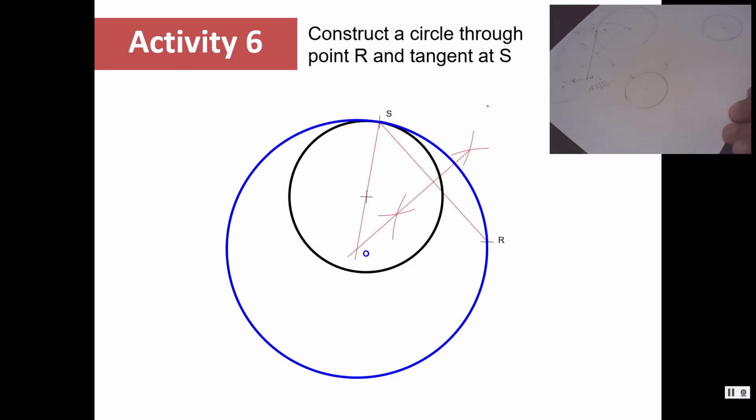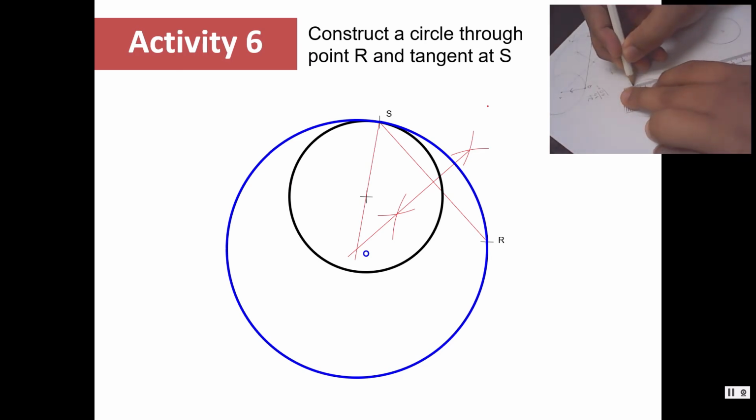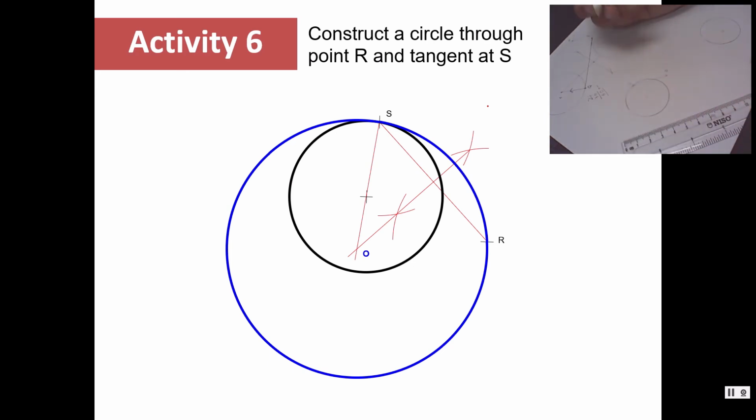Okay, so I think it's really straightforward. I already have this circle and I already have S and also R here. So the first step is to draw a straight line to connect S to R. After that you need to find the center point.